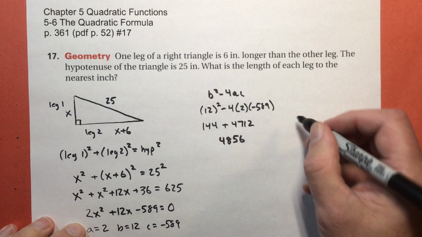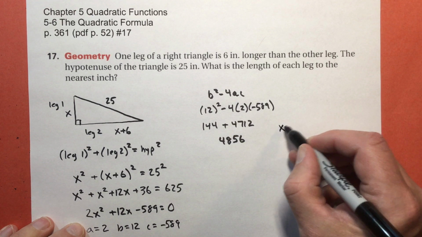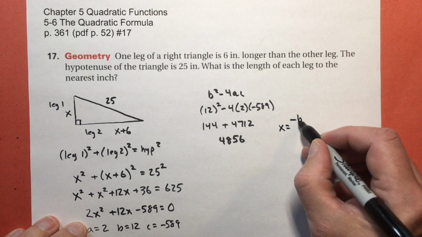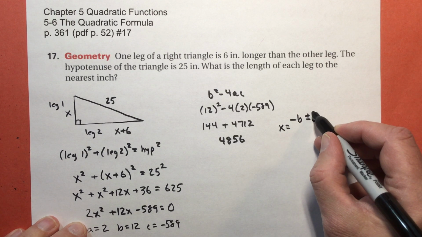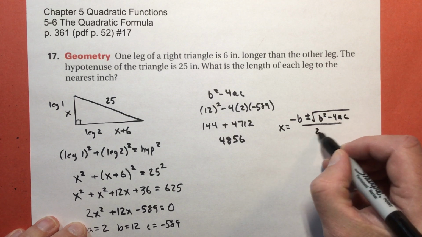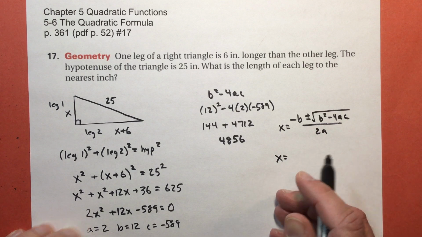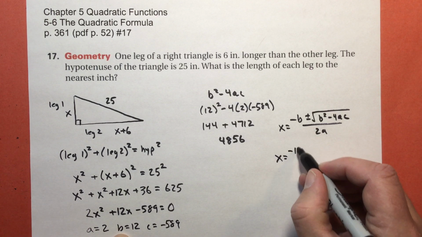All right, so now let's use my quadratic formula. I get negative b plus or minus the square root of b squared minus 4ac, divided by 2a. My b is 12, so I get negative 12.